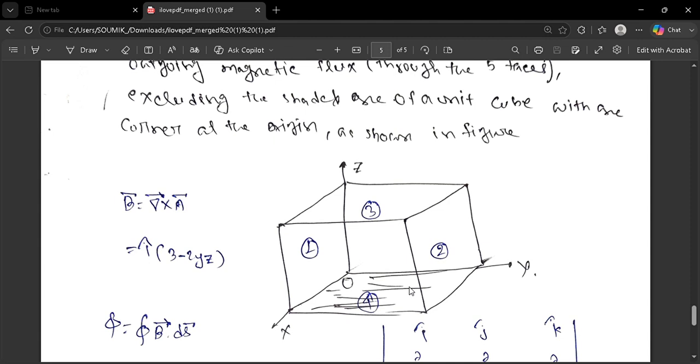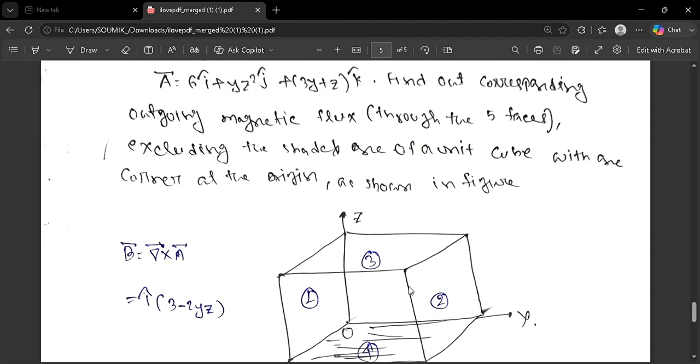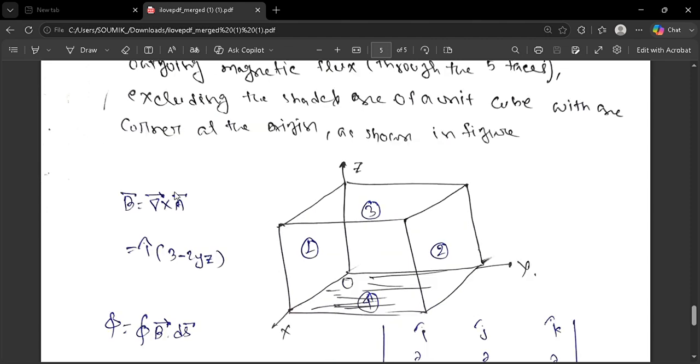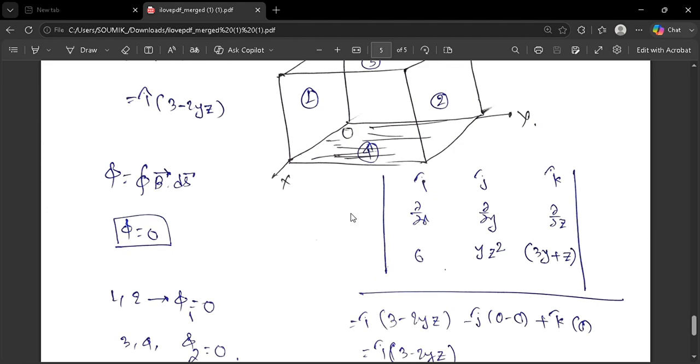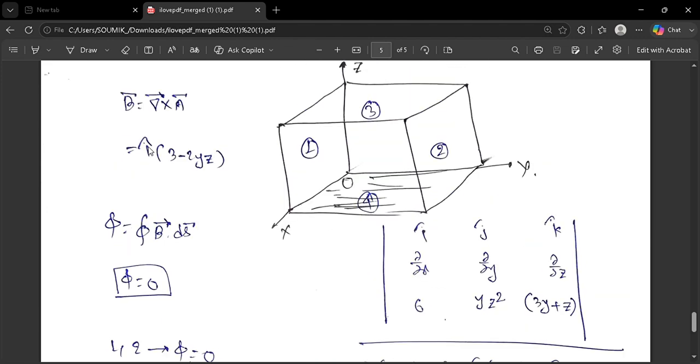As the question gives the magnetic vector potential A, we can find the magnetic field B equal to curl of A. From this equation we get B, that is i cap times 3 minus 2 i z.